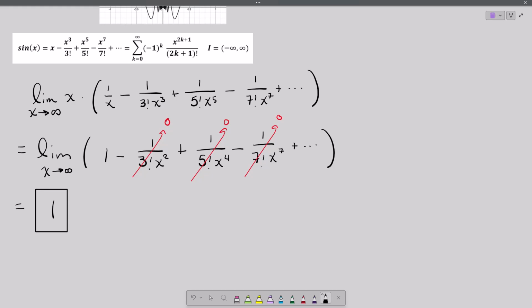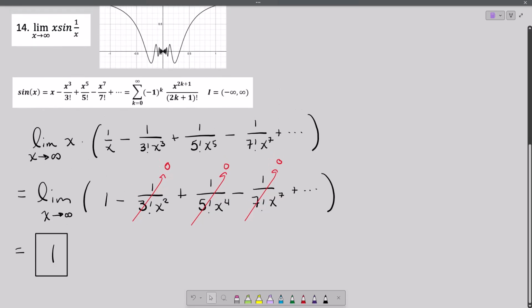So let's talk about this interval of convergence for a minute. If we think about replacing x with 1 over x, the original interval of convergence says x can be any real number, correct? And if we replace x with 1 over x, if x is any real number, 1 over x is also a real number except for one value of 0.